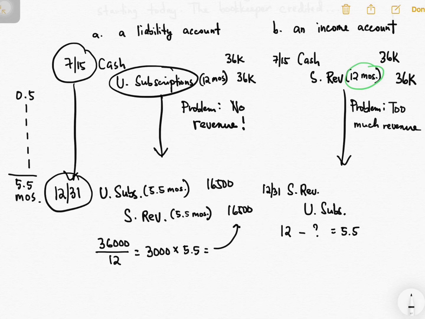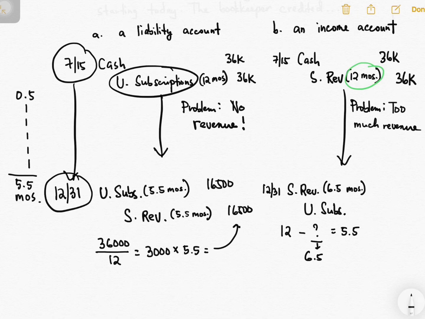So you have 12, you want to make it 5.5. So what's this number? This is 6.5 because 12 minus 6.5 is 5.5. So you want to reduce this one by 6.5 months so that the amount of revenue that you will record this year would be 5.5 months.